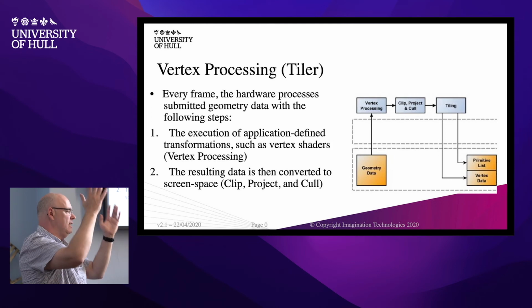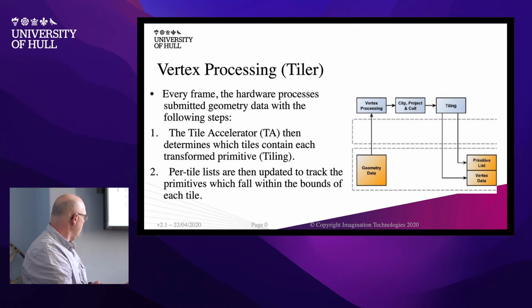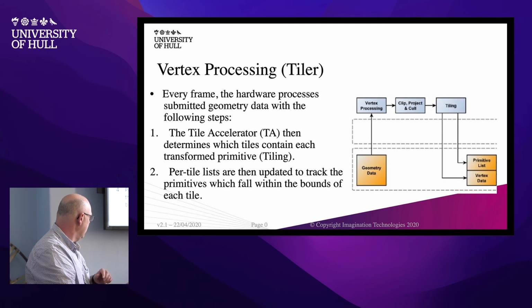So just to split this up into a couple of different things. You submit, like we looked at before, and they'll be put into tiles. You've got this tiling accelerator, I think they call it, which transforms each primitive, and they're put into these lists and things like that.